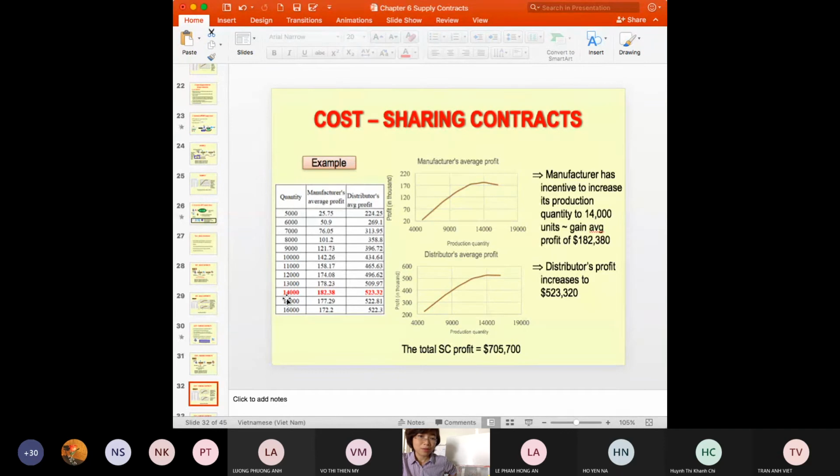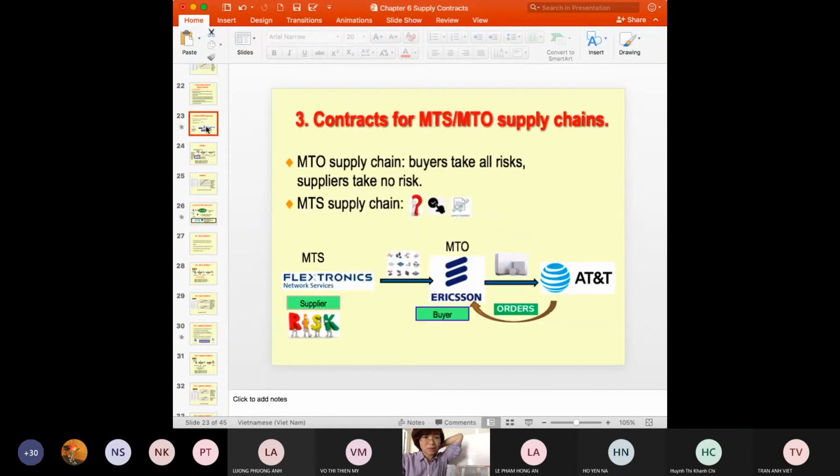So with the cost sharing contract, the quantity here is 14,000 units, and the profits of the manufacturer and the distributor increase. So you can see that it is larger than if we don't have any contract at the beginning here.